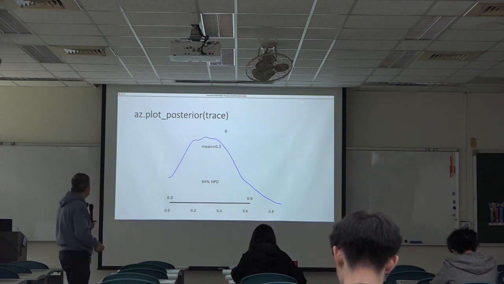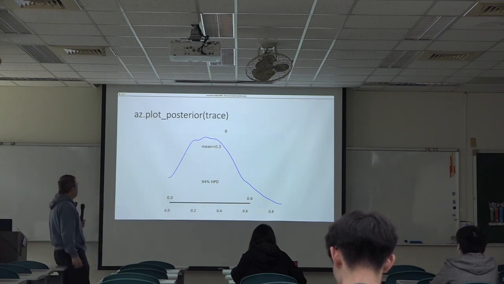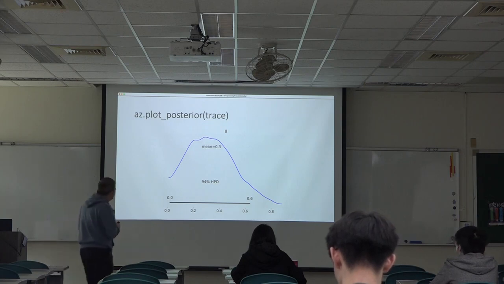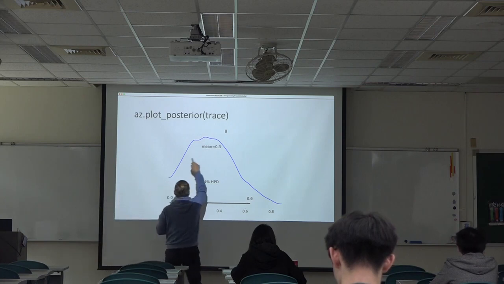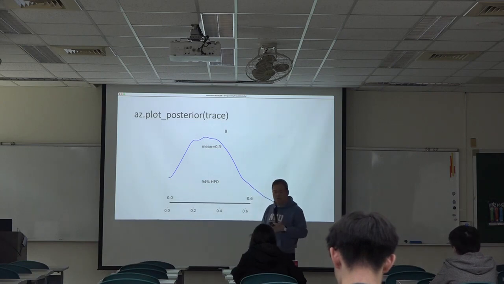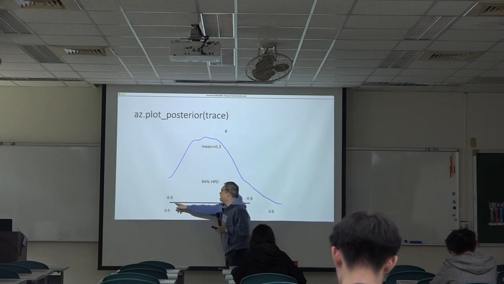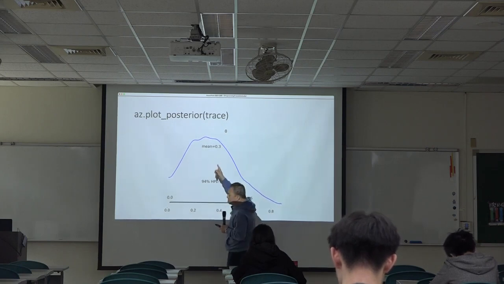We just call AZ, which is based on RVs: AZ dot plot posterior, and you feed the trace into this function. It will draw a kernel function for you because theta is a continuous value. If the samples are discrete, it will generate a histogram. It will also automatically indicate the 94% HPD range as well as your mean.